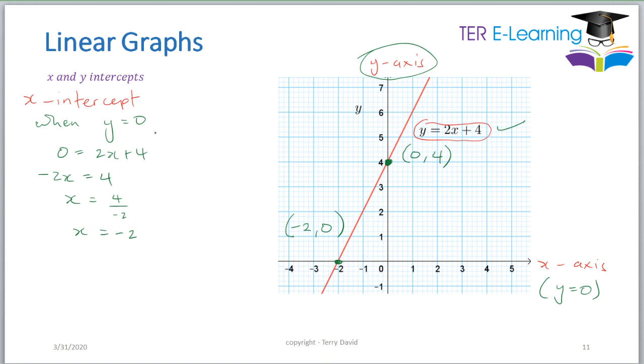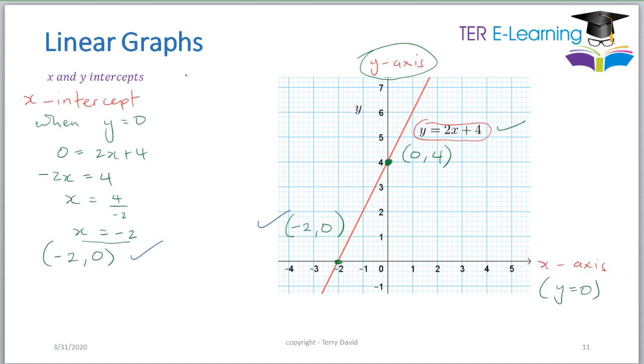So now my x-intercept is simply whatever my x value is, which is minus 2. And my y value, we know at the x-intercept, my y value is equal to 0. So notice we have the same answer. This answer is the same as the one we just read off from the graph, right? So my x-intercept is found by letting y equal to 0. Okay?